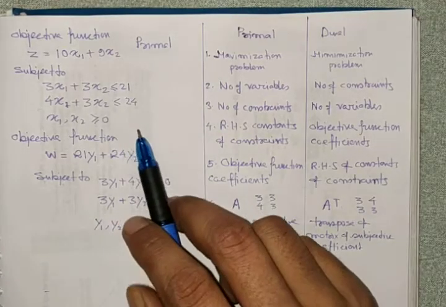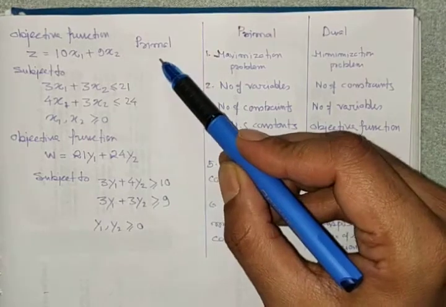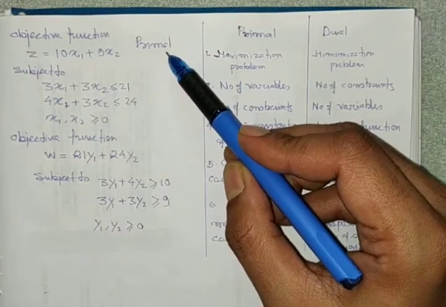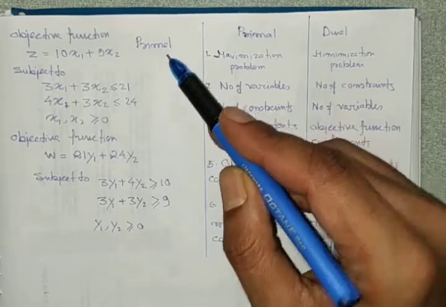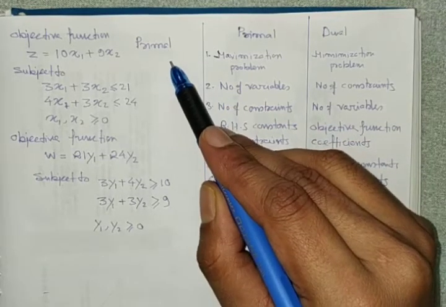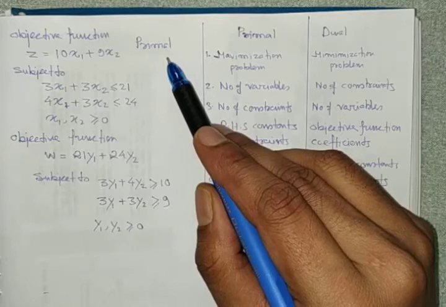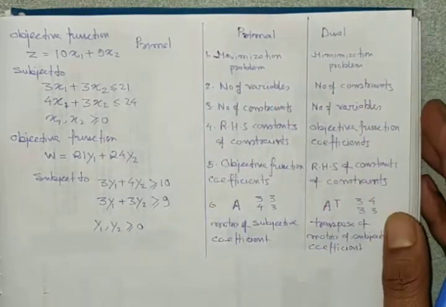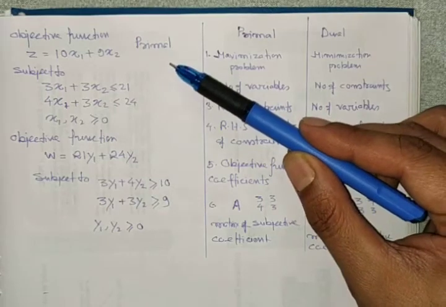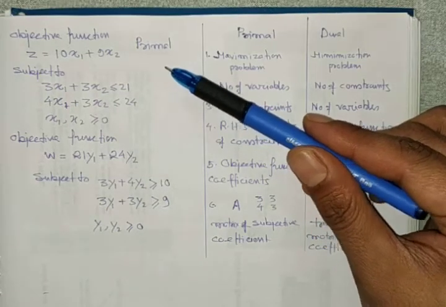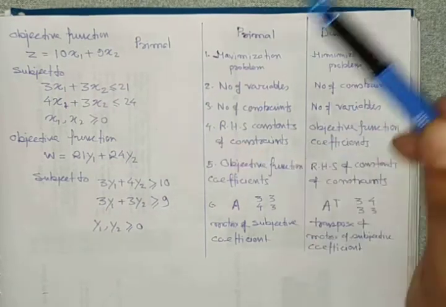The meaning is that by using the dual, we can check the result of the primal. So it is very essential. Here, how to convert a primal into a dual is important.